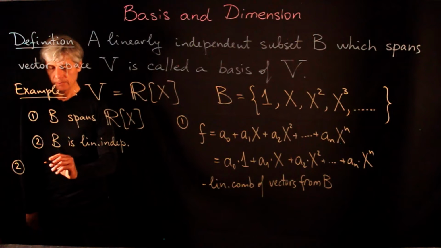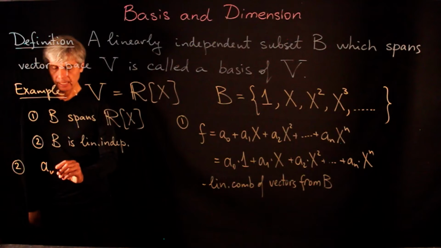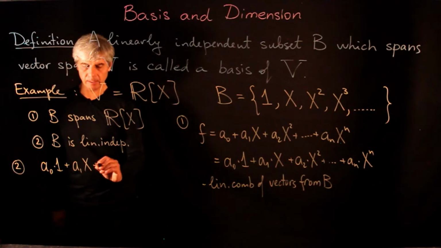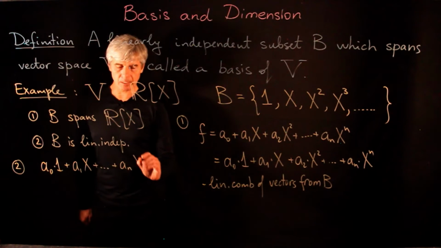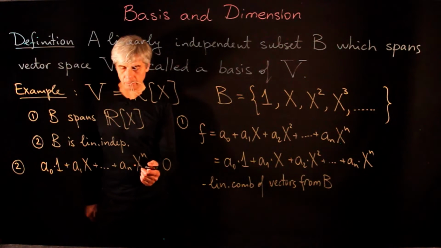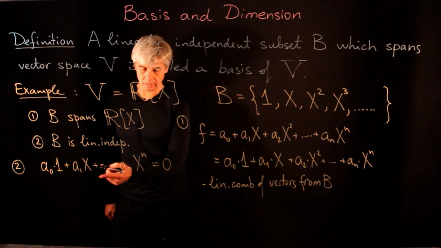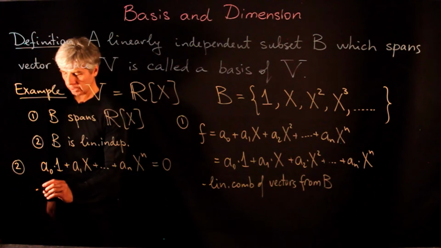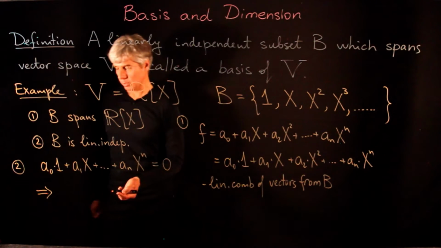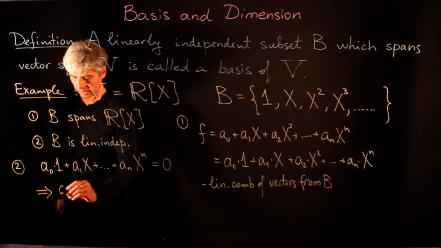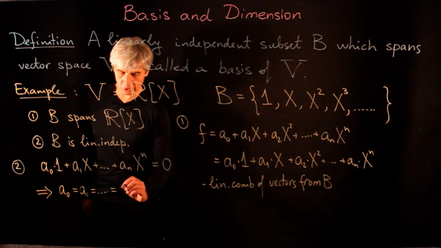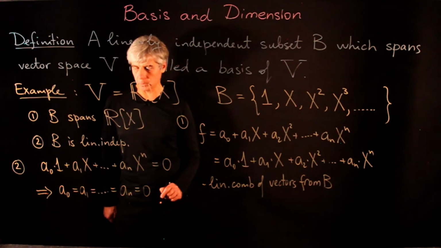So now, if we have a0 times 1 plus a1 times x plus ... plus an times x to the power n equal to 0, then this means that this is a zero polynomial. And by definition, a zero polynomial is a polynomial with all coefficients being 0. So, of course, from here, it follows that a0, a1, and all coefficients that appear here are all equal to 0.